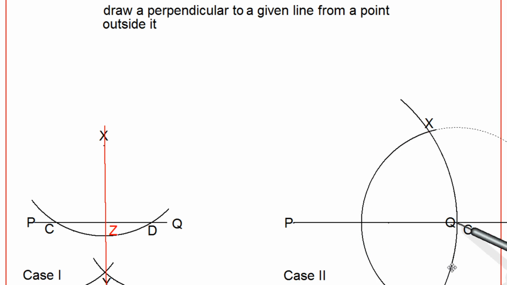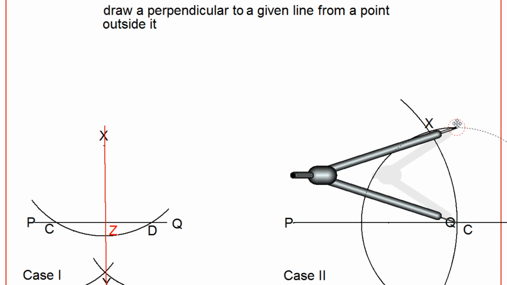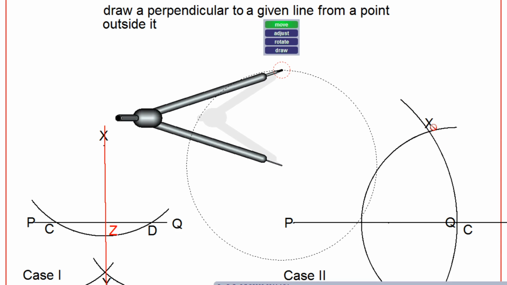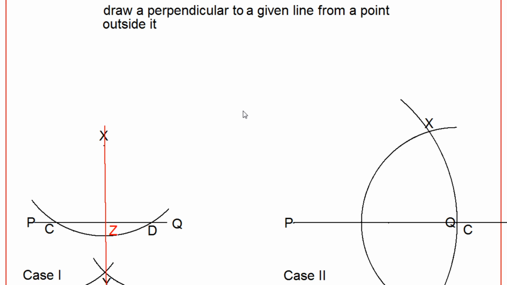No doubt this arc will cut the previous arc at two defined locations. Earlier this point was X, and at the bottom it is cutting at a point Y. So the name of this point is Y.